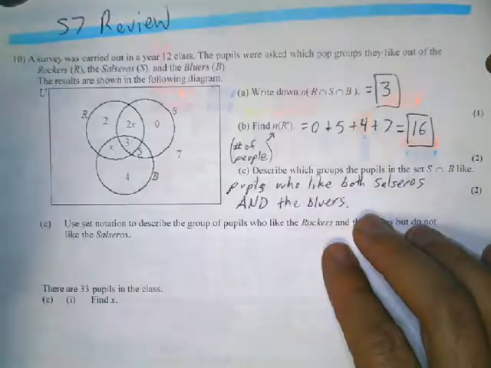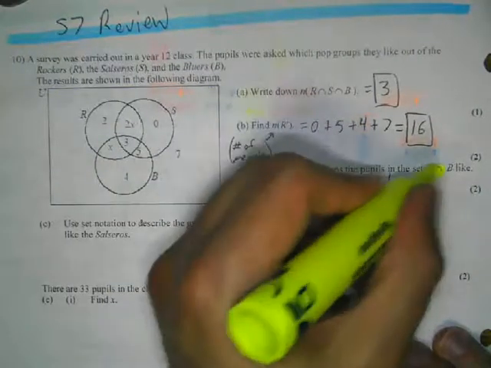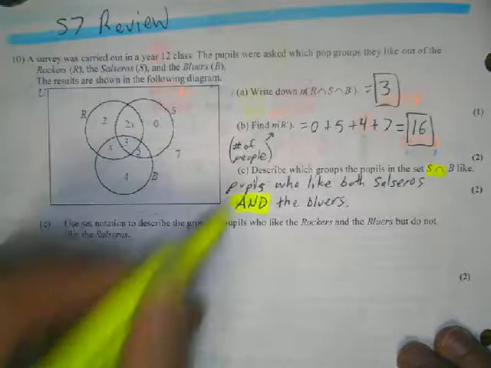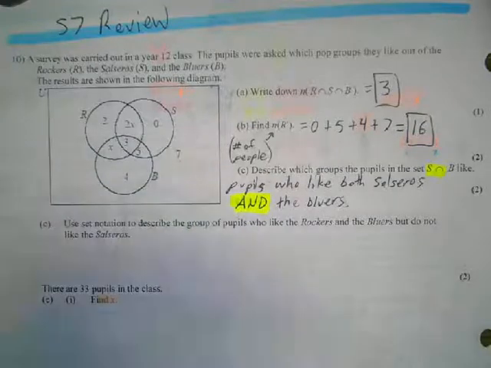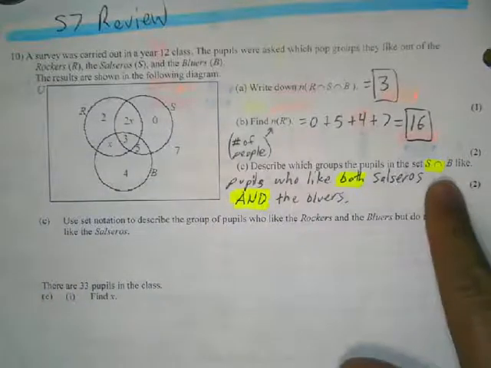The intersection means and. They have to like both. If it was a U, then it would be either or.